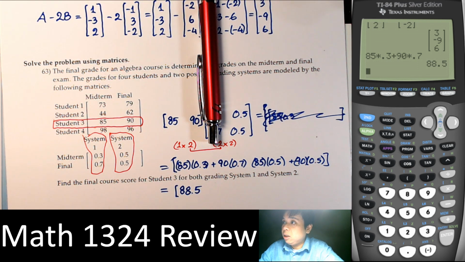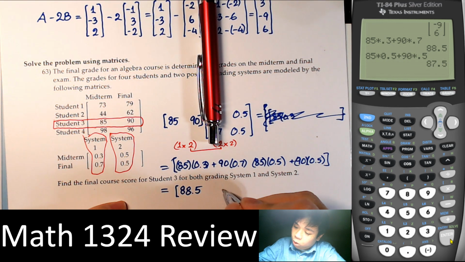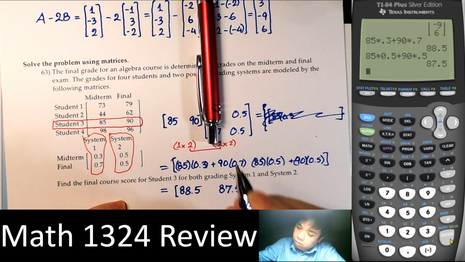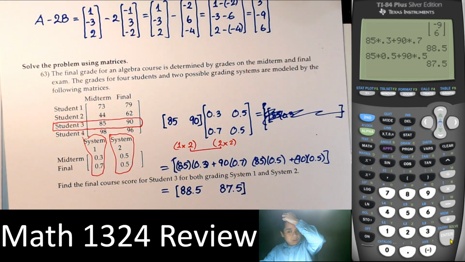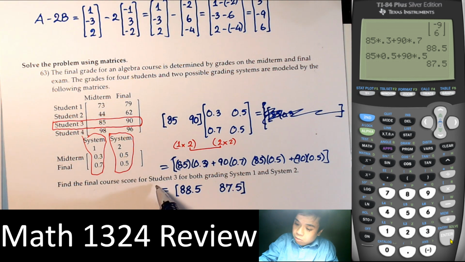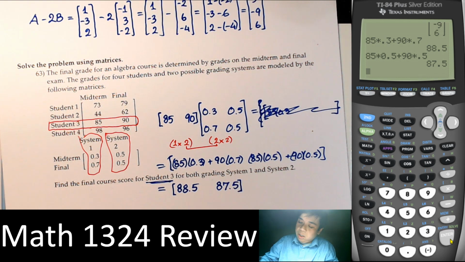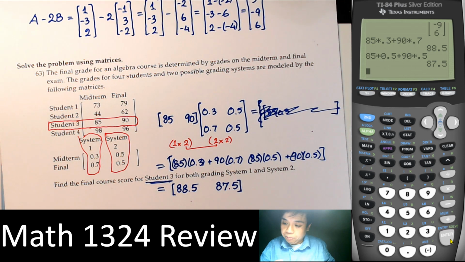And then the other one gives 87.5. Right. So just do that and create the information. This is student 3, so we just want that row. And for both systems, system 1 and system 2 correspondingly.